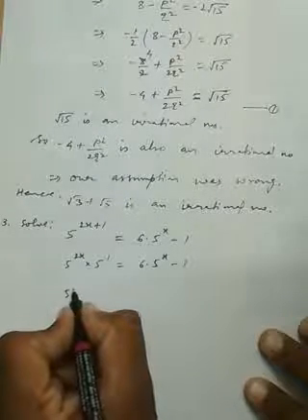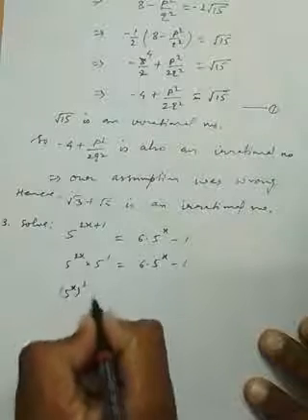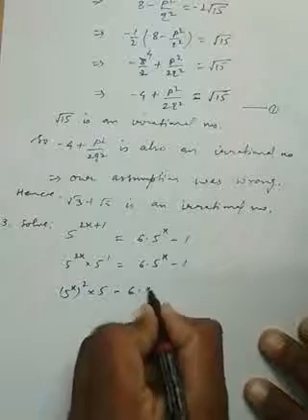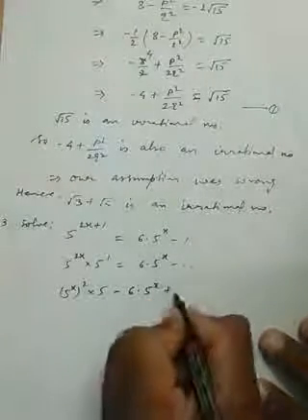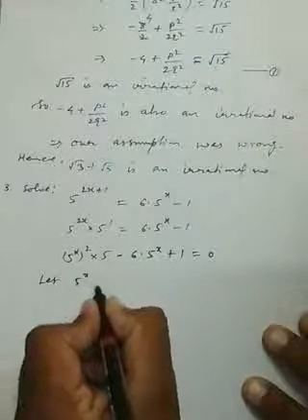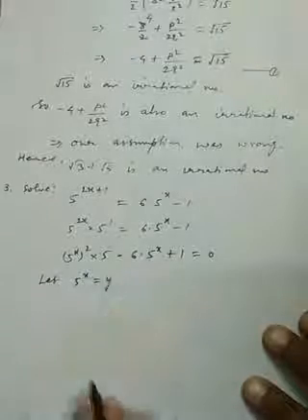(5^x)² into 5 − 6 into 5^x + 1 = 0. Here we should assume that 5^x = y.